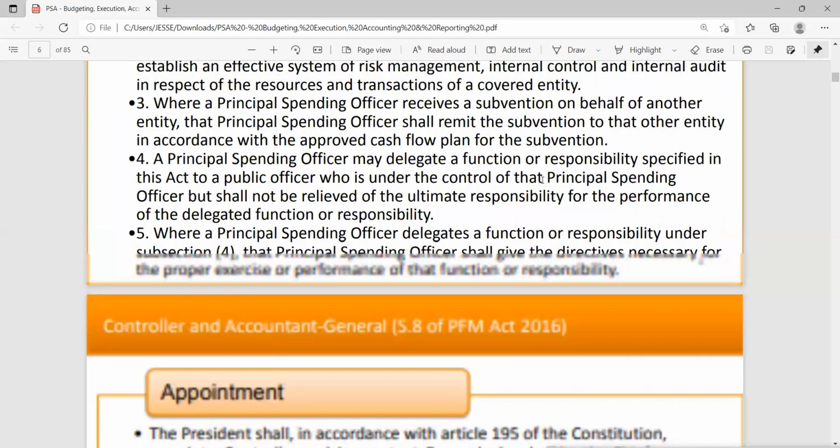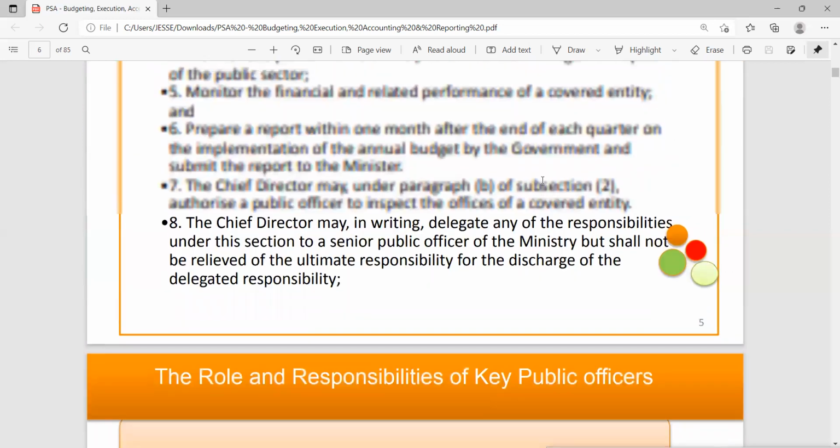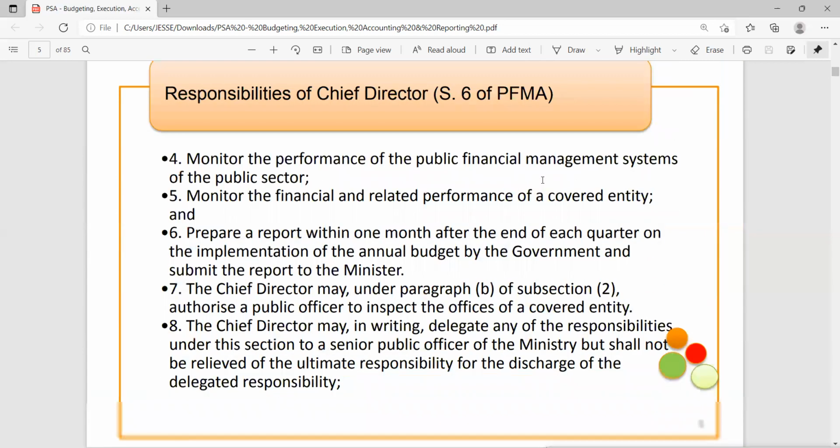So let's look at some more responsibilities of the chief director. The chief director is also responsible for monitoring the performance of the public financial management system.